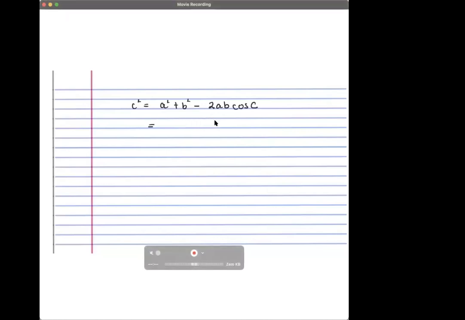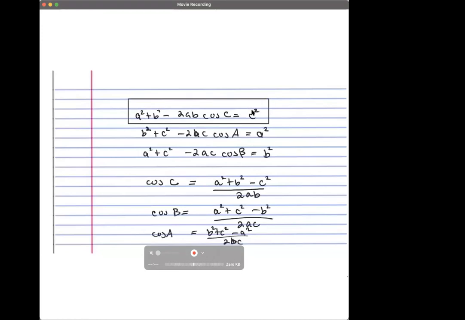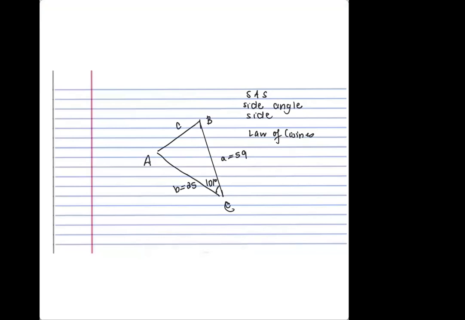And that's why you have to use this formula, because you have the sides and the included angle. So if we go back and look at our picture, a was 59 and b was 25. So it's 59 squared plus 25 squared minus 2 times 59 times 25 times the cosine of 101 degrees. In order to find c, we'll take the square root of all of that.